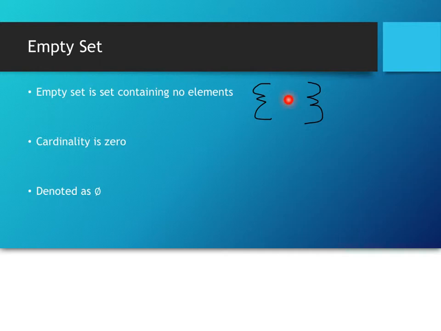So just don't put anything in there. But we usually denote the empty set as a big O with a line through it. Now notice if it doesn't contain any elements, the cardinality is 0. All right? So the cardinality of the empty set is 0.